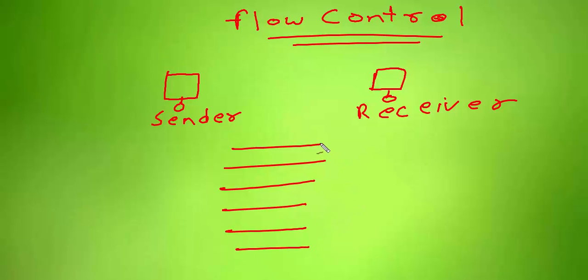If you transfer data like this, after sending this type of data, the receiver computer faces a problem that is called overflooding. So flooding occurs.